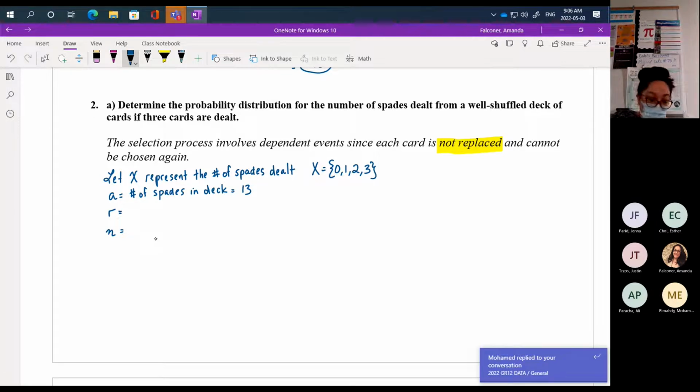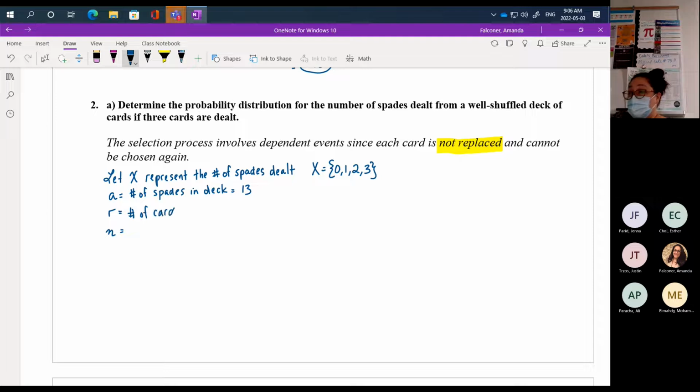The next variable here is little r, the number of dependent trials. So that's like the number of opportunities there are to get that success. So this would be the number of cards dealt. And that is 3.